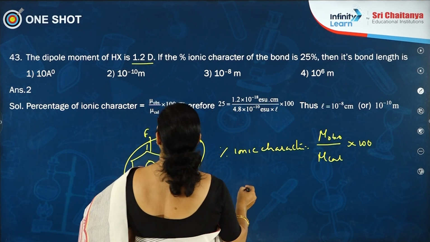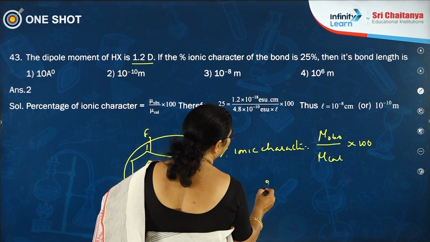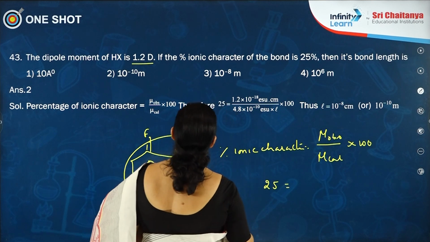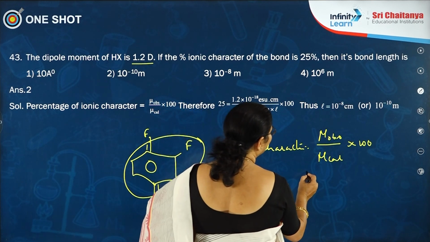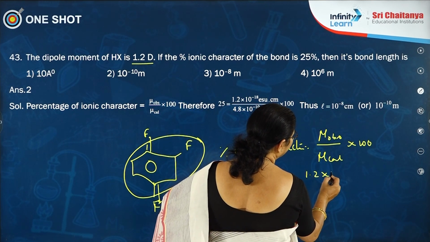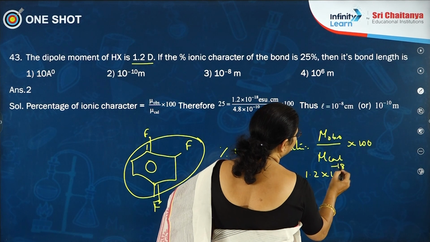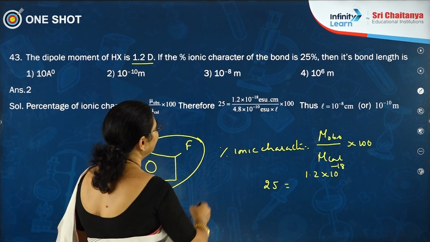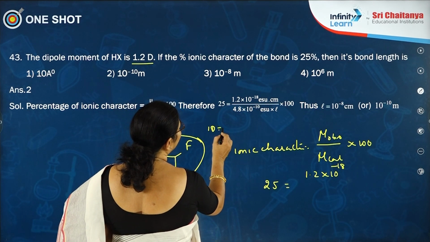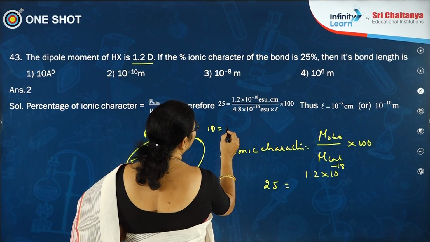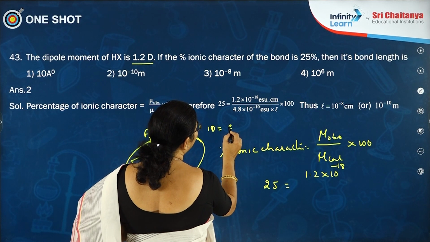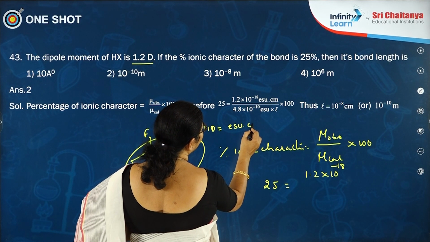He gave percentage 25, mu observed 1.2 D, that is 1.2 into 10 power minus 18 ESU centimeter. 1 Debye is the unit of dipole moment, 10 power minus 18 ESU centimeter.